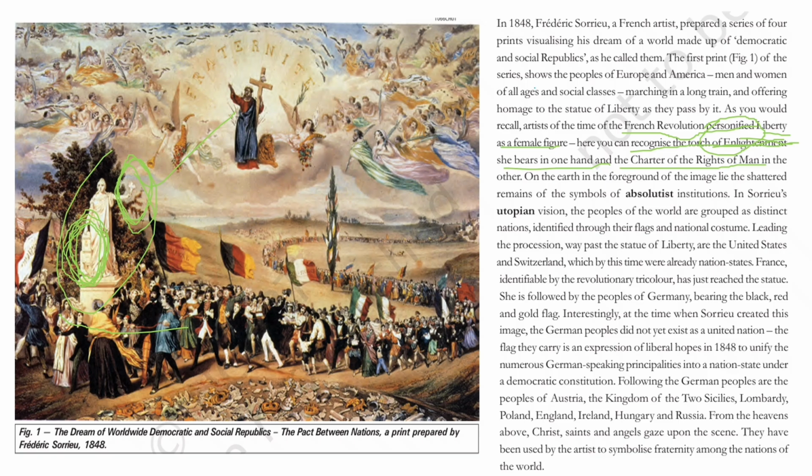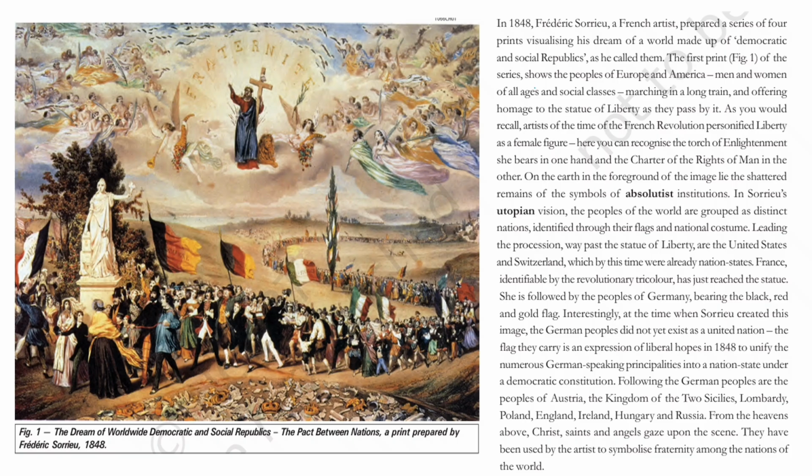This marching of a long chain of people is nothing but a process of struggle to achieve their rights, and that is why their main aim is to reach the Statue of Liberty. As they reach her, they'll get enlightenment, and they'll get certain basic rights for their existence. So this is another very important element of the image which has been put up by our dearest Frederic Sorrieu.